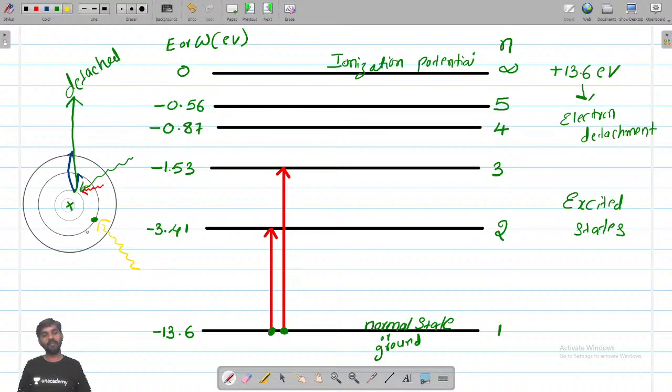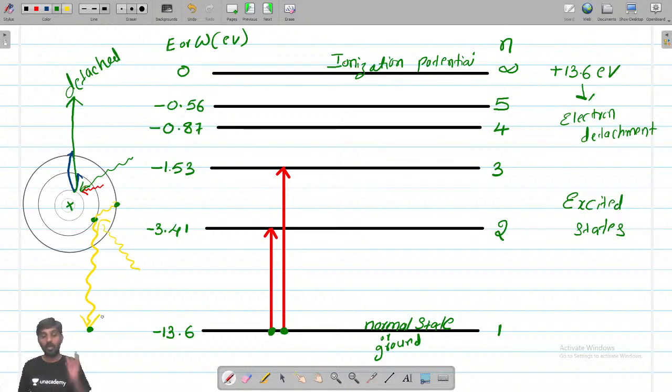Let us say you try to supply 13.6 electron volts of energy. Now what happens? The electron completely detaches. It will not just move from this state to that state; it will move away from here and become free.